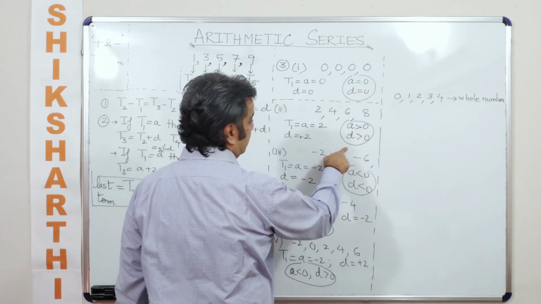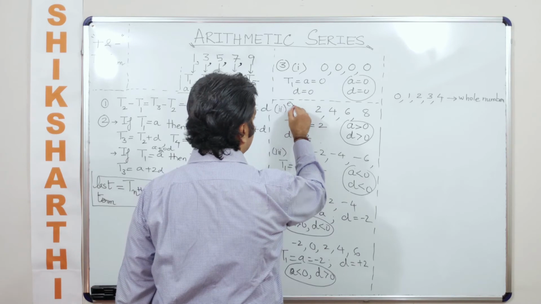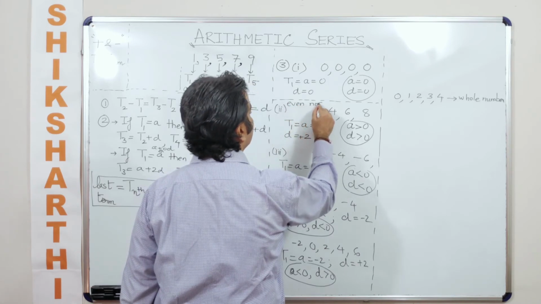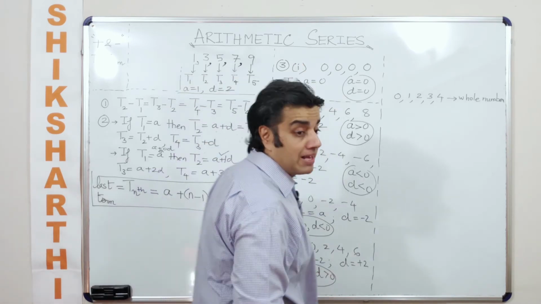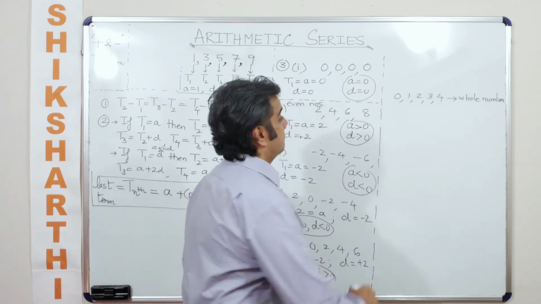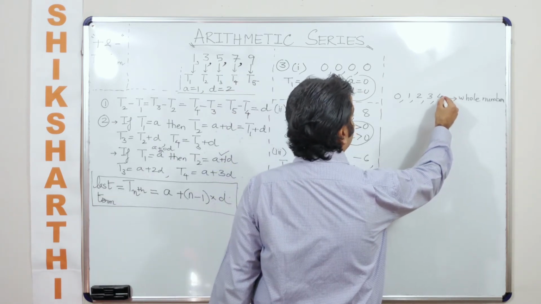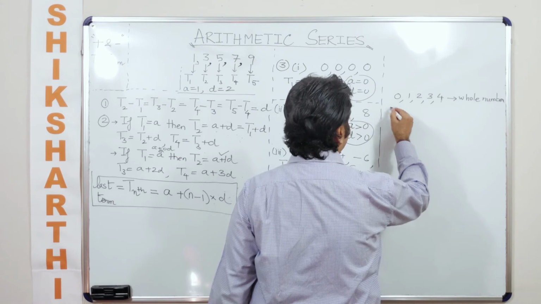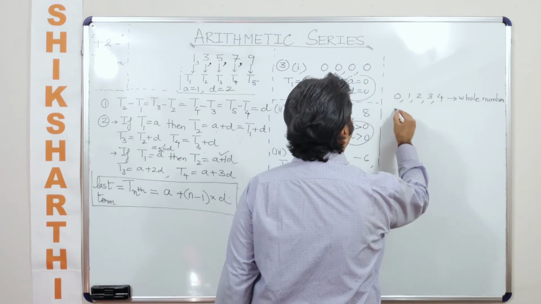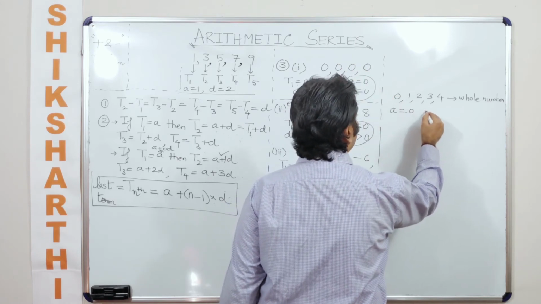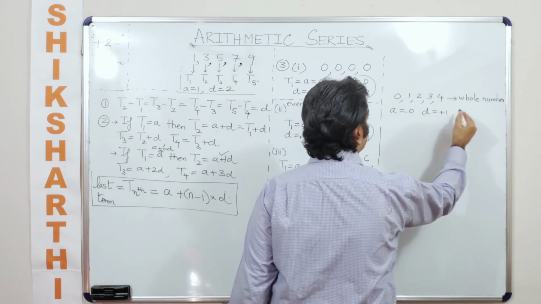And the best example that you could have taken here is, here we took the example of even numbers, though we could have taken an example of natural numbers also. Okay. So now when I take the set of whole numbers, can I say this is an arithmetic series only, wherein the first term is a 0 and the common difference is positive?